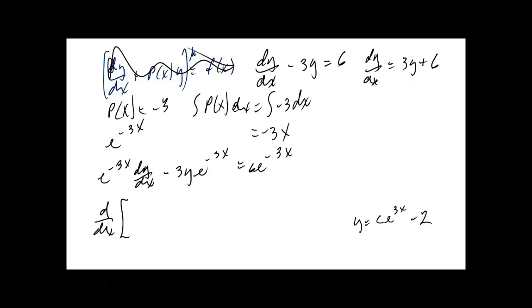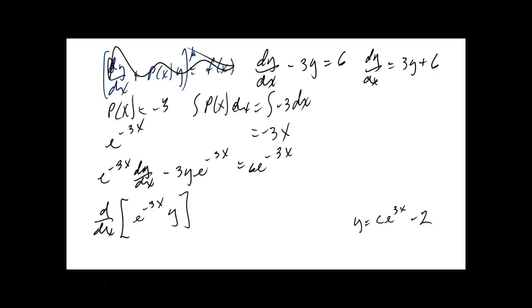No. The subtraction comes from the chain rule there. So it's always going to be a product rule. And that's going to be e to the minus 3x times y. That's exactly what it's going to be. In fact, it's going to be that every time, I think.